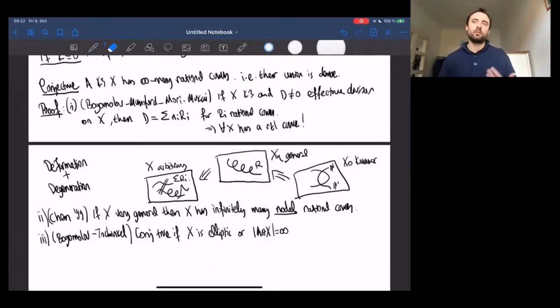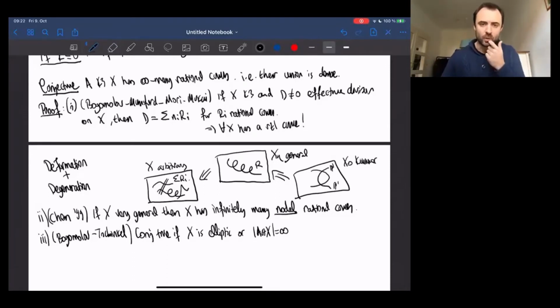The infinite automorphism case is a bit simpler, but the argument to conclude for elliptic K3s is really beautiful. Basically you play with the Jacobian of your elliptic K3, and you construct a new K3 which maps to X, and on that one you have infinitely many rational curves. And then you show that this gives infinitely many rational curves on X itself. So this is not a degeneration argument, it's really using the elliptic structure.